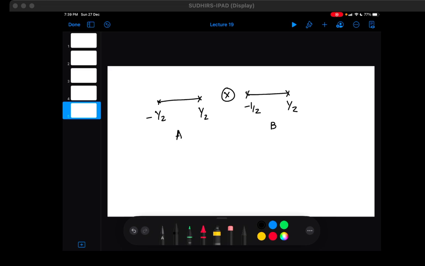Put B on both endpoints of A. Say for example we still have A here, minus half plus half. So this is A, this is B. Now you sum these endpoint values. Say for example, putting B over this endpoint gives me 0 and 1. Now you put it back onto this endpoint.